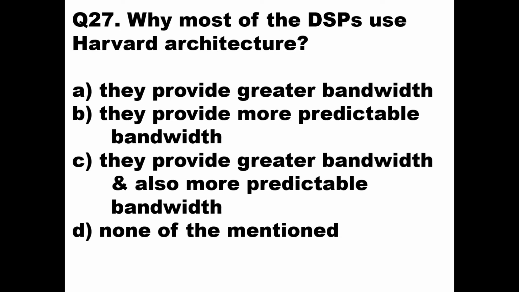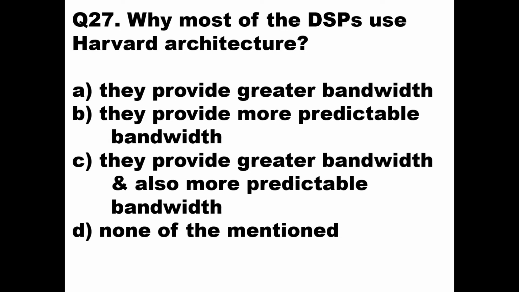Out of this, option C is correct, since bandwidth can be predicted. That is the reason why most of the DSPs use Harvard architecture.